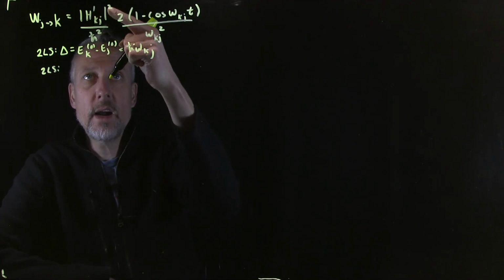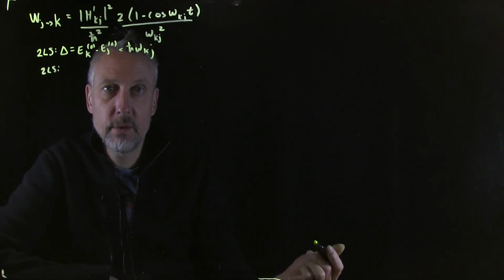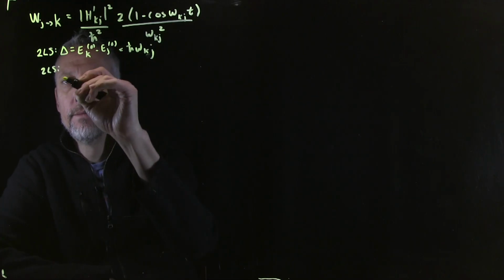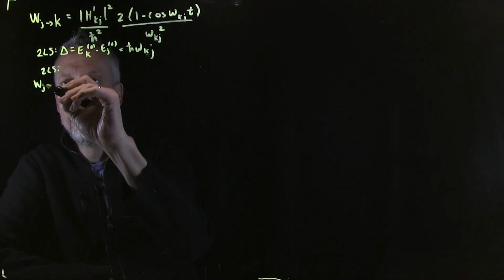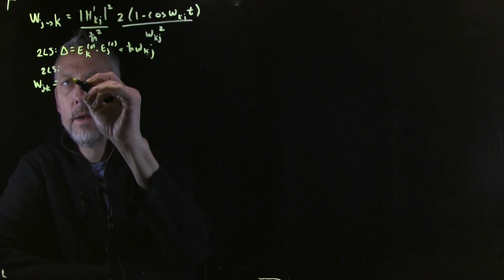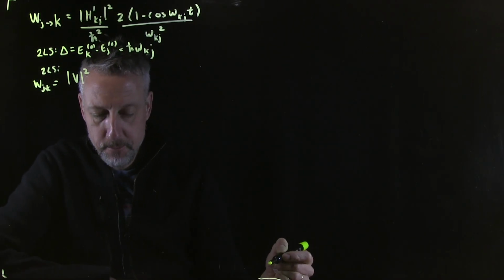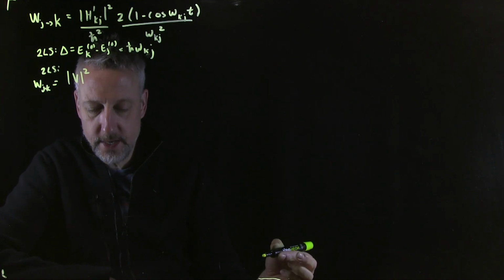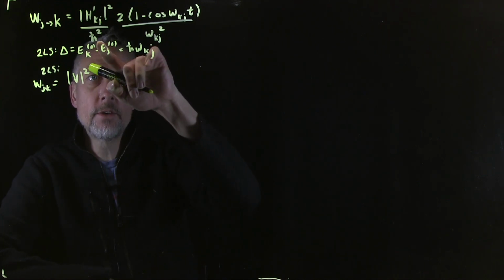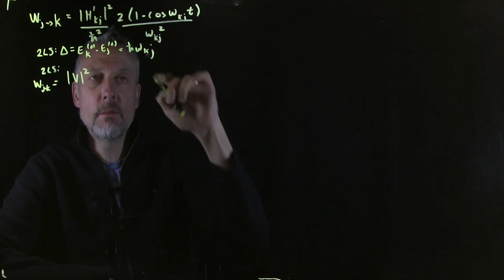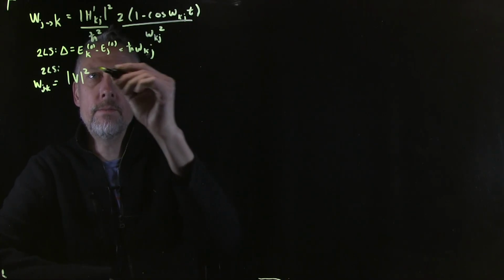So H primed was just our coupling, right? So this is going to be V squared, right? Then notice what we have here, h bar squared omega kj squared.